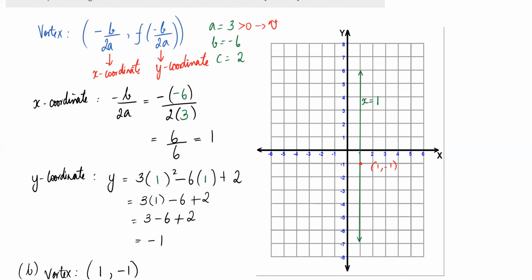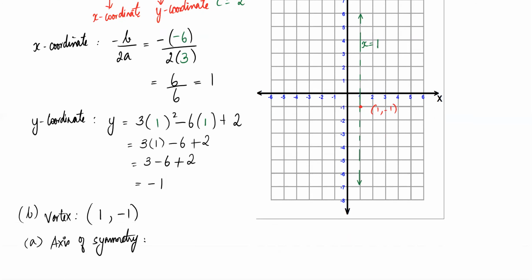Now, this vertical line is not part of the graph, so we need to make a dashed line. In graphing, when you do dashed line, it tells us that it's not part of the graph, it's just for reference. In this case, the reference is to use this vertical line as axis of symmetry. So coming down here, the axis of symmetry is x equals 1, which is the line, okay?